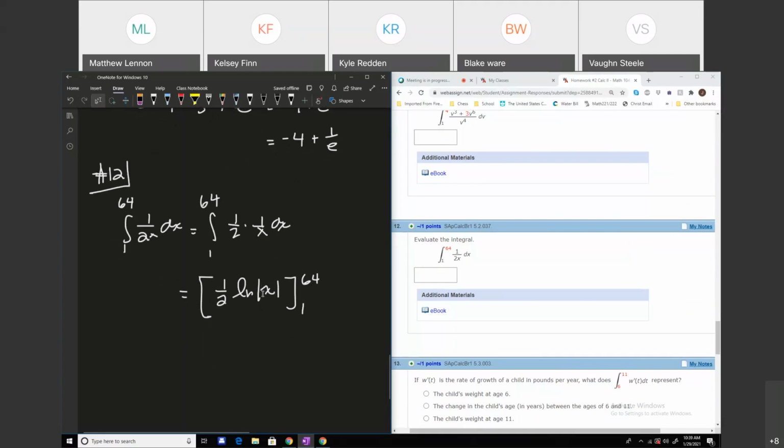These are both positive numbers, so the absolute value doesn't have an effect here. So it's 1/2 natural log of 64 minus 1/2 natural log of 1. And we know the natural log of 1 is 0. So this just simplifies to 1/2 natural log 64. That would be our answer.